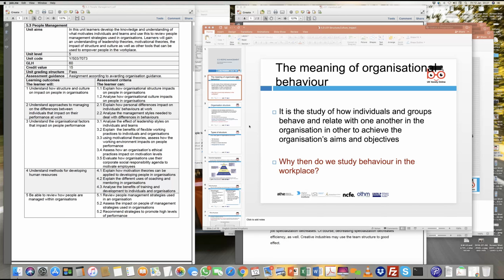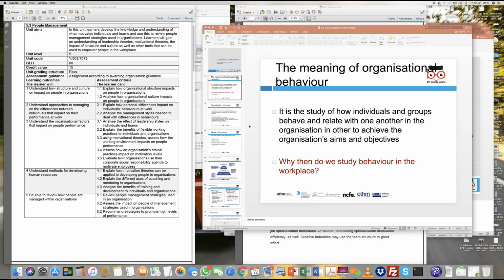And the reason why you say that is because from the background, the type of company it is and the type of people it employs, you tend to conclude what kind of organization structure this organization or this business will have.